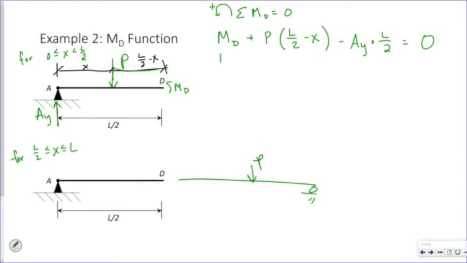So my moment at D is equal to AY times L over 2 minus PL over 2 plus PX. I just multiplied that out, right?